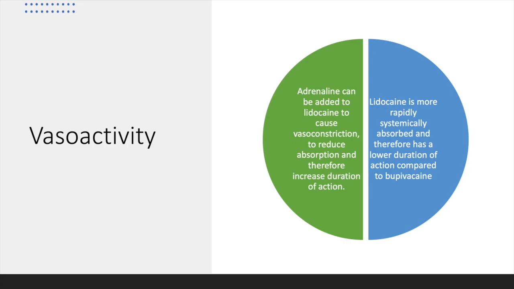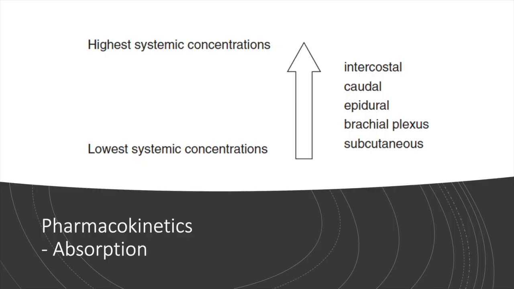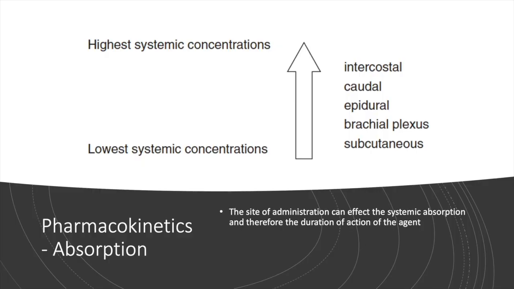So we're going to talk a little bit about some pharmacokinetics now, and the first thing is absorption. So the site of administration can affect the systemic absorption of a local anesthetic agent, and therefore it can affect the duration of action of the agent. Generally, if I'm injecting a local anesthetic agent subcutaneously, this has the lowest rate of absorption.